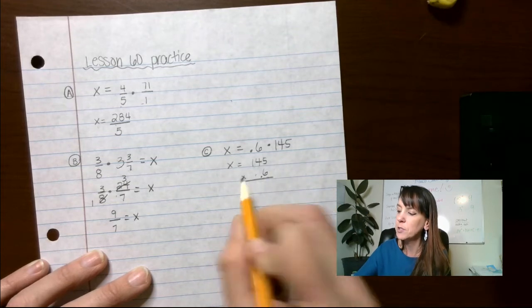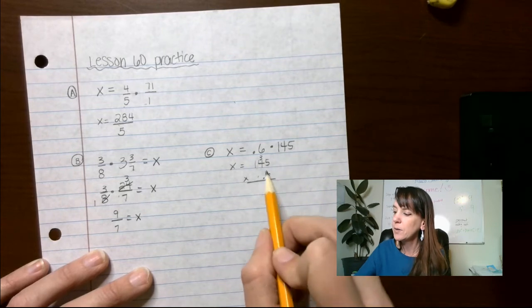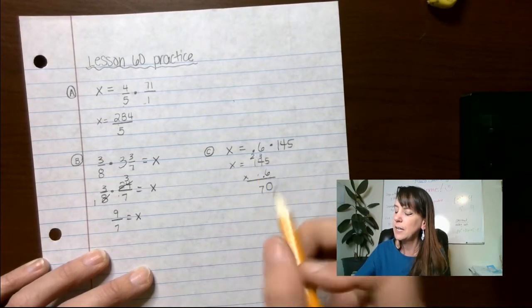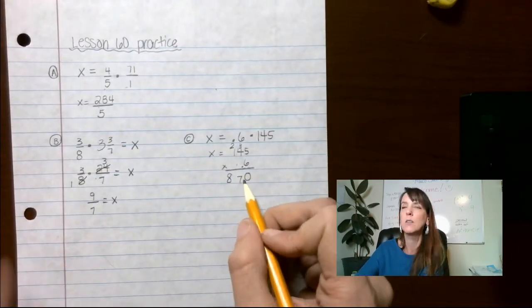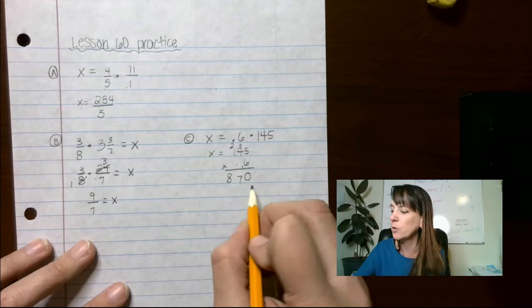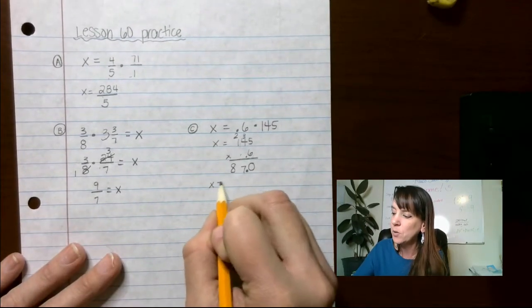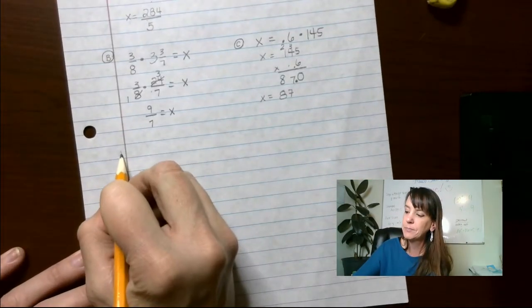We're going to do the normal multiplication. This times this is 30, carry the 3, and so on, giving us 870. With one digit behind the decimal, we move this over one spot. So X equals 87.